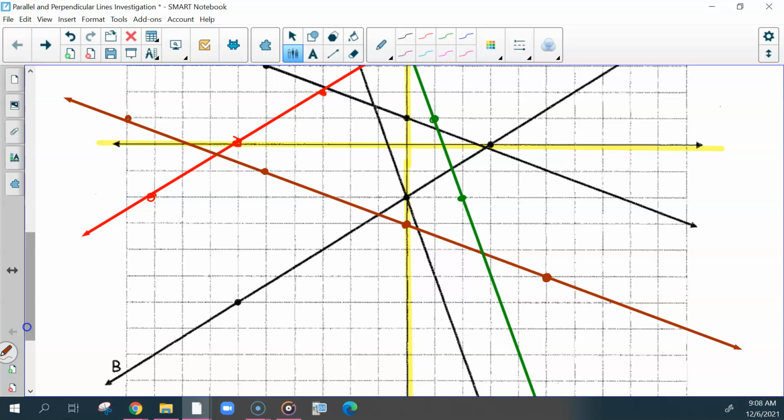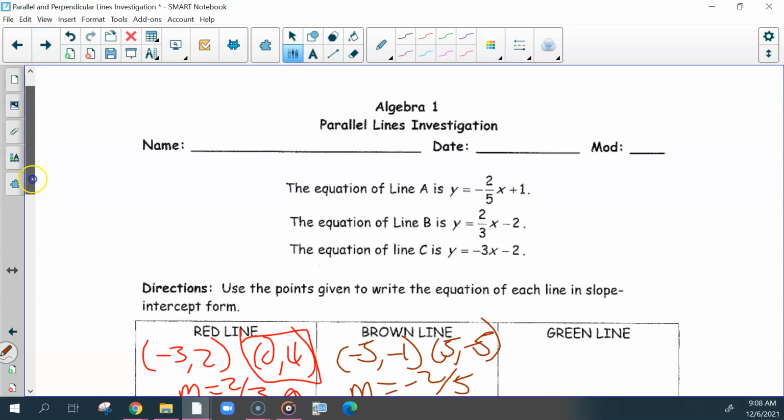That one was a little off. 1, 2, 1, 2, 3, 4, 5. So if I keep counting backwards up to the left 5, I will get that I have a y-intercept at -3. So that's less work if we do it that way.